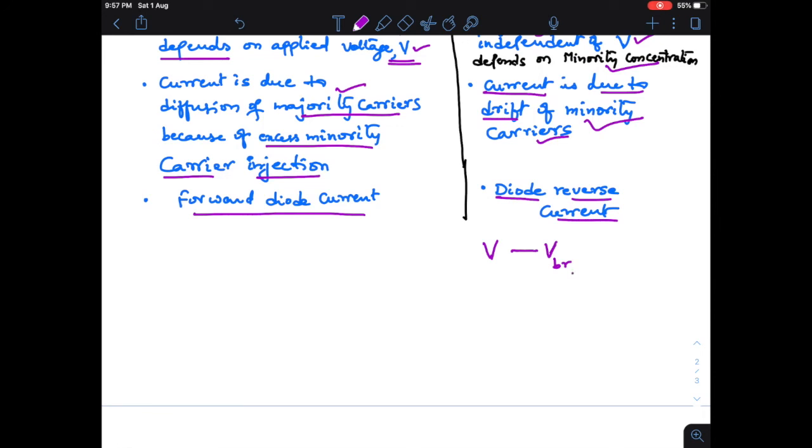This voltage is called breakdown voltage. That means the diode gets damaged. If you increase the reverse voltage applied beyond this critical value, then the diode gets damaged because of overheating. So we have to take the precaution to see that the voltages applied are within the critical value.